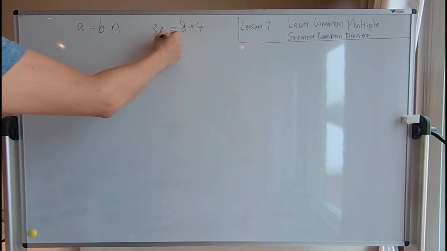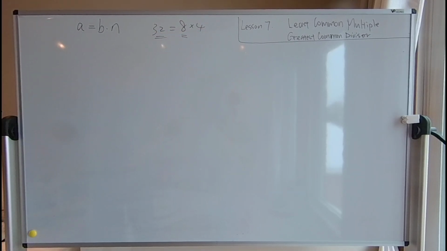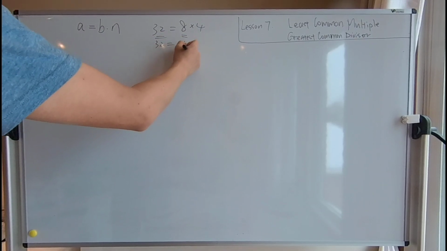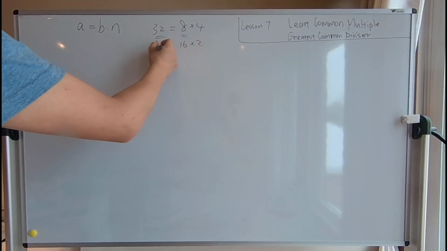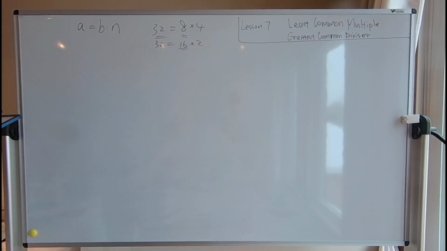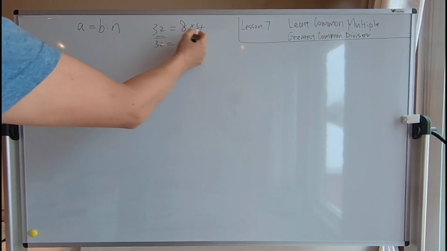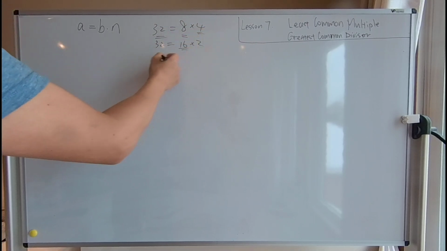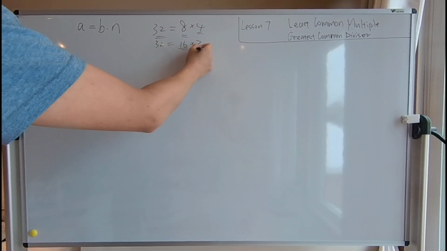So then 32 is a multiple of 8. At the same time, 32 can be written as 16 times 2. So 32 is also a multiple of 16. And of course, because those are all integers, 32 is also a multiple of 4. 32 is also a multiple of 2, right?